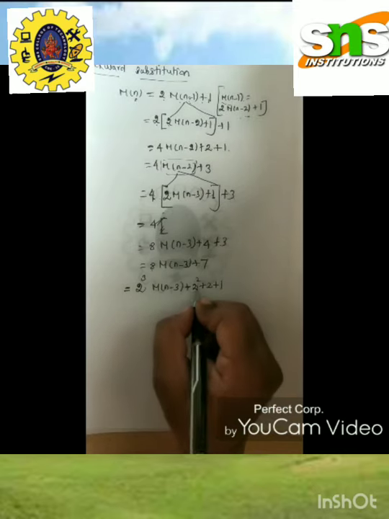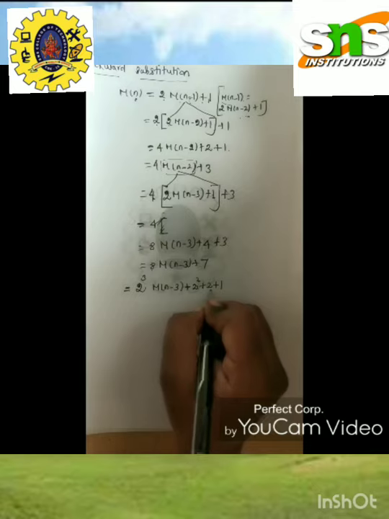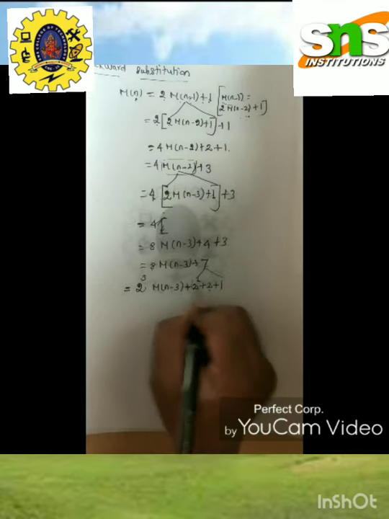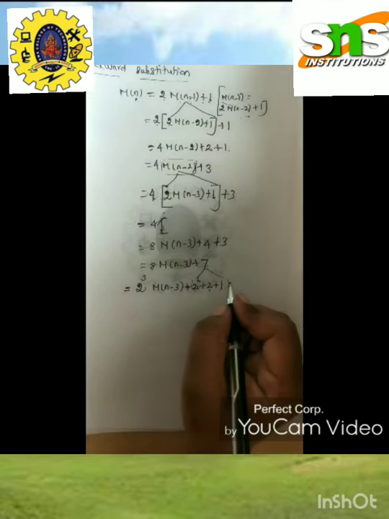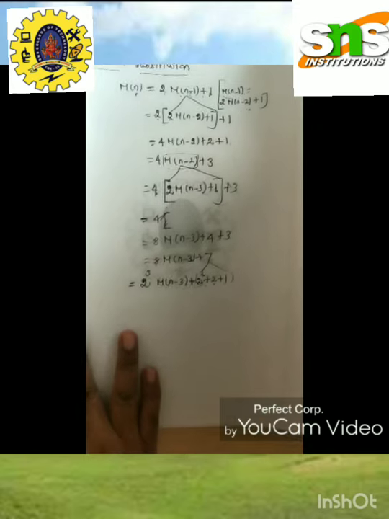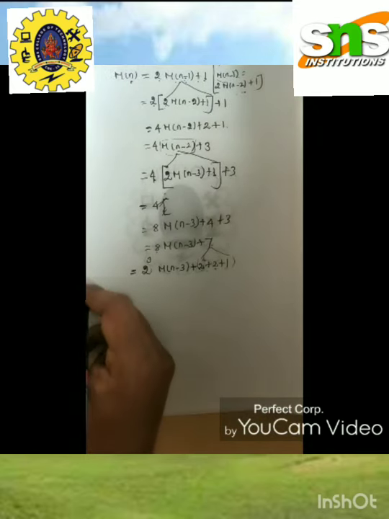So 4 plus 2 is 6, plus 1 is 7. So this 7 will be written like this. This is for simplifying purposes. I have written it like this from the above equation.